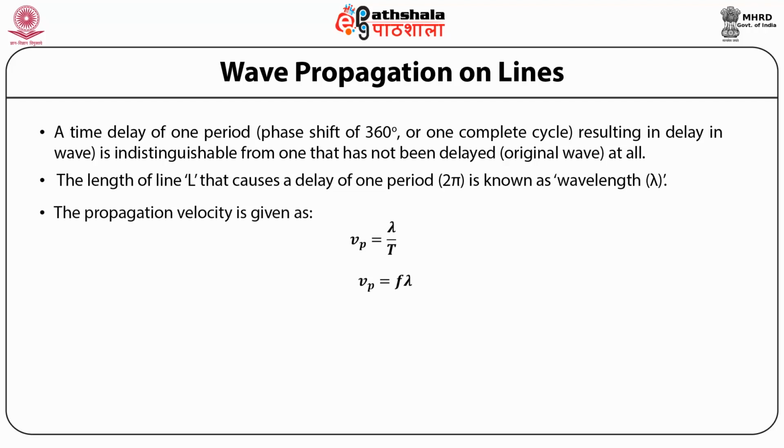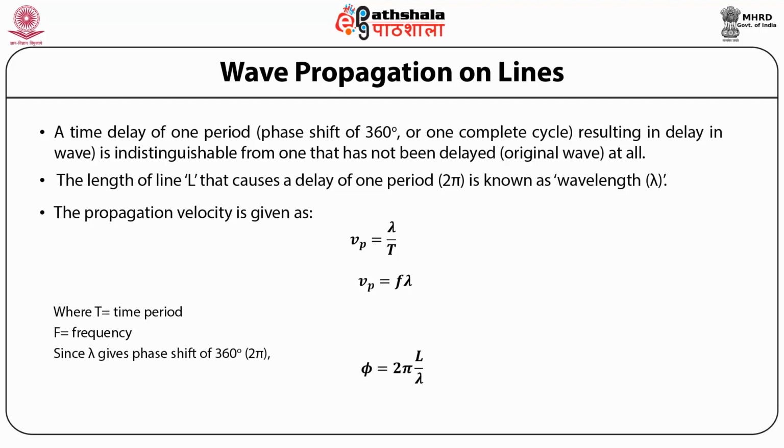The propagation velocity is given by Vp equal to lambda by T, and Vp equal to f lambda, where T is the time period and f is the frequency.